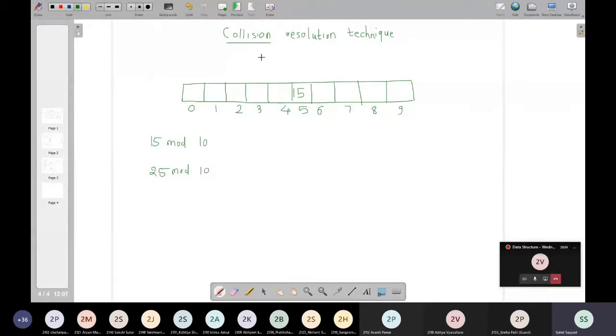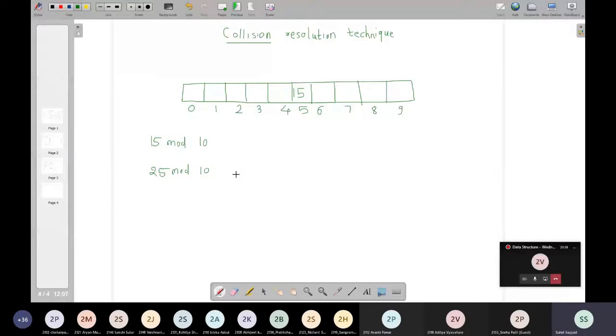Now we need to resolve this collision because finally I want to store 25 in my slots. If I see my current slots, I have a total of 10 slots available. It is not the case that the slots are full. If, for example, all slots were full, then I may not be able to store 25.